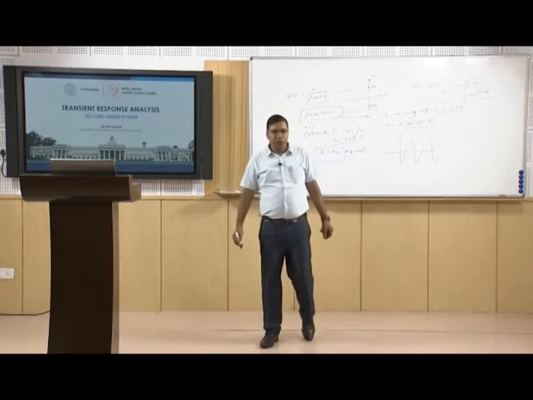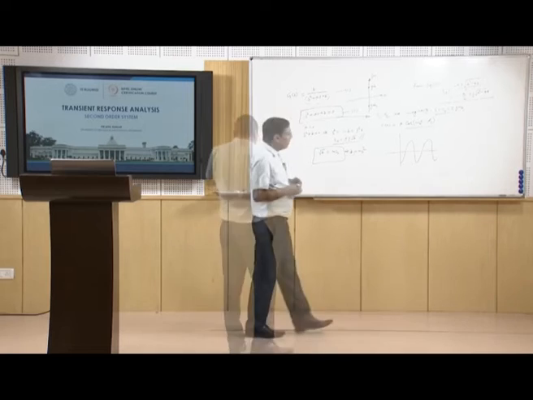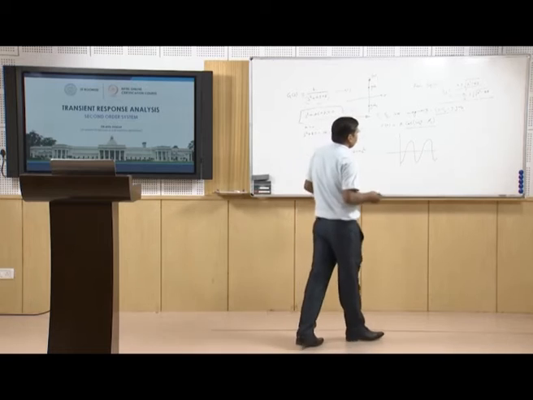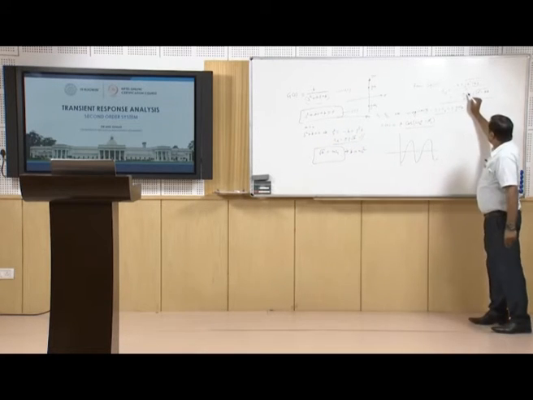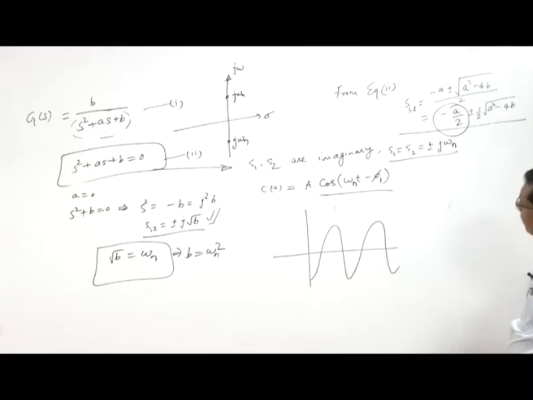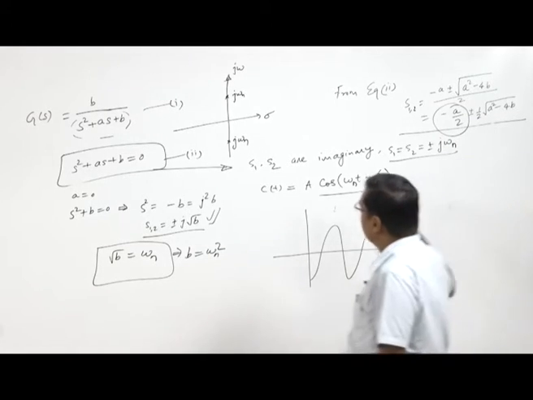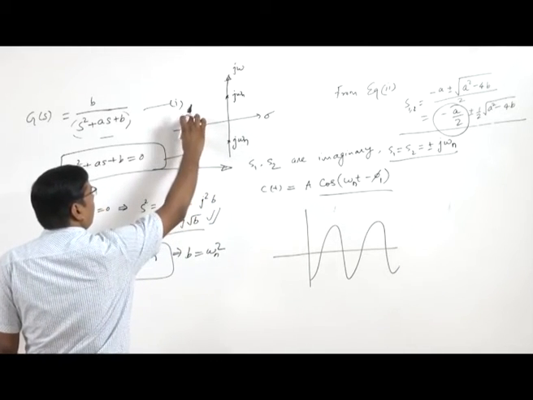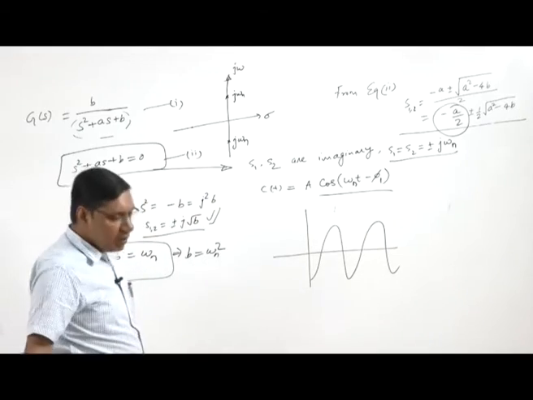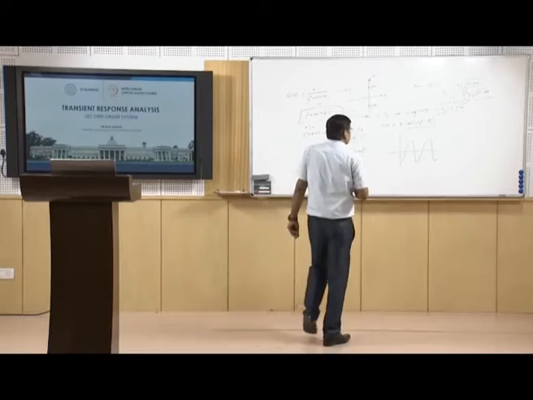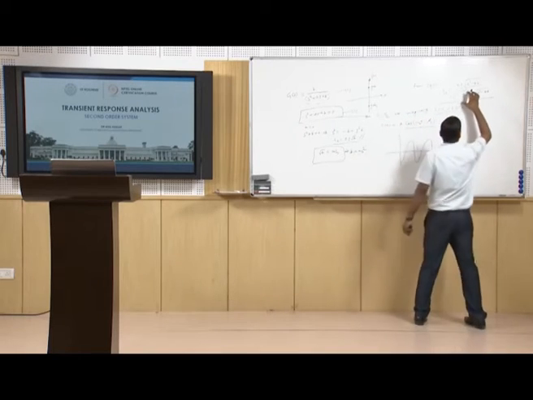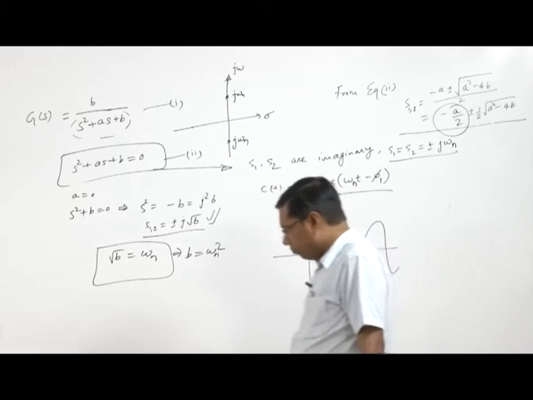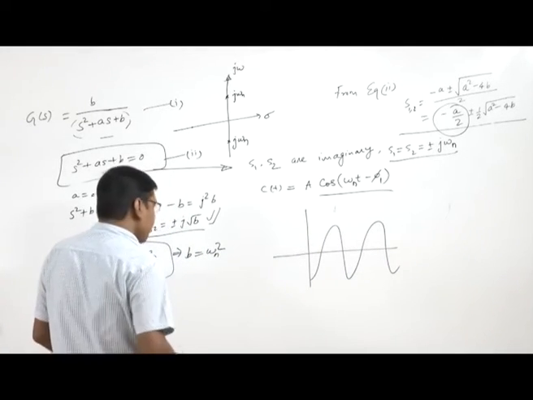Now we define one more term, that is the damping ratio. We know that if the pole is in the real part, we saw the effect is exponential decay. So due to this real part, there will be the effect of damping, and so the damping ratio is defined.